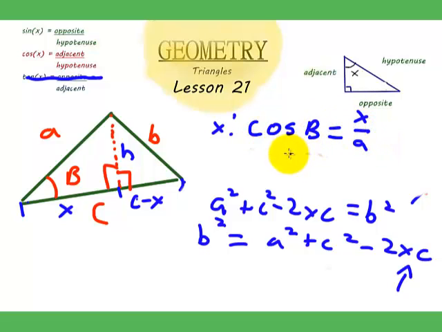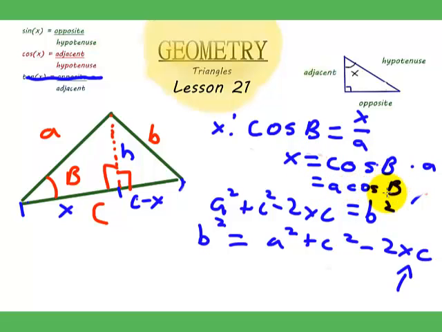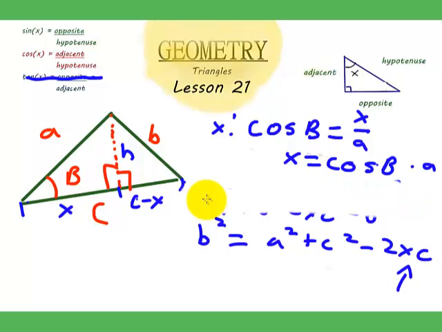And cross multiplying, we get, finally, x is equal to cos B times a, which is equal to a cos B. Sorry, it's a bit squished there, so I'll rub it out again, and yep, it's equal to a cos B.